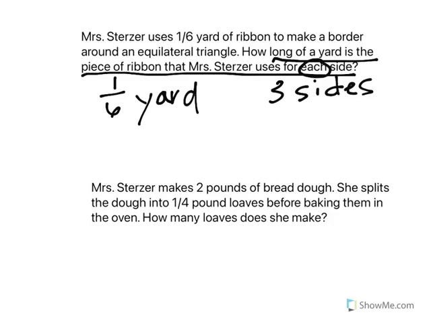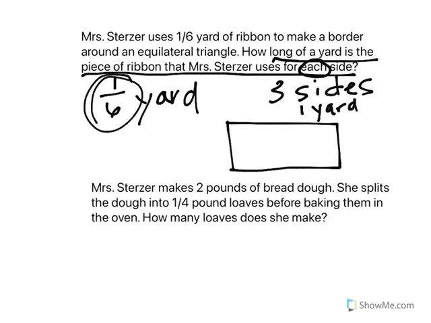So we see some keywords in here of each, which lets us know we're dividing. This is why modeling is so important, because you need to draw this out. So if I have 1 yard here, and Mrs. Sturzer is only using 1/6 of that yard, I'm going to divide this yard into sixths. I'm going to choose red for my color of ribbon.